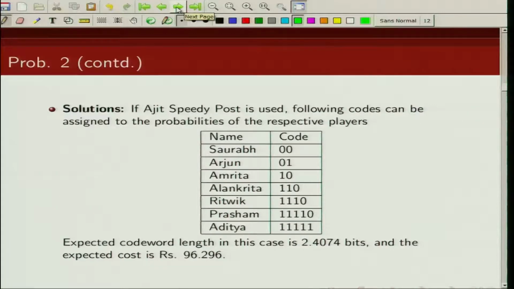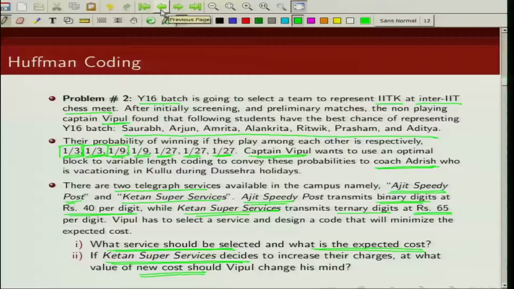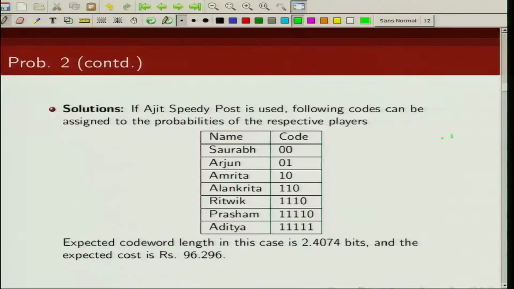So let's look at the binary Huffman tree first. We have nodes which have probability 1 by 3, 1 by 3, 1 by 9, 1 by 9, 1 by 27, 1 by 27, and 1 by 27. First we are going to combine these two nodes, and we get probability 2 by 27.